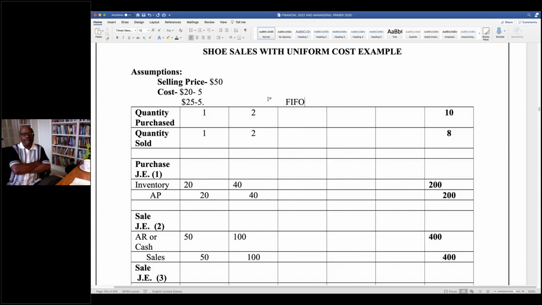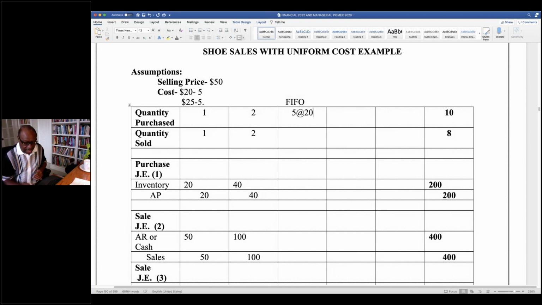Suppose we were using first in, first out. And we bought 5 at 20.